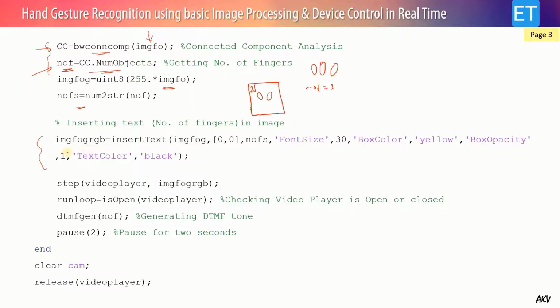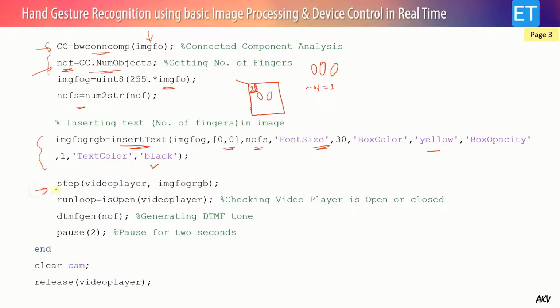So this is done by this command insertText. It is inserting text at the 0,0 location, and this is your string NOFS that includes the count of fingers, font size 30, and the box color is yellow. Box opacity you can also control from 0 to 1, and the text color is black.